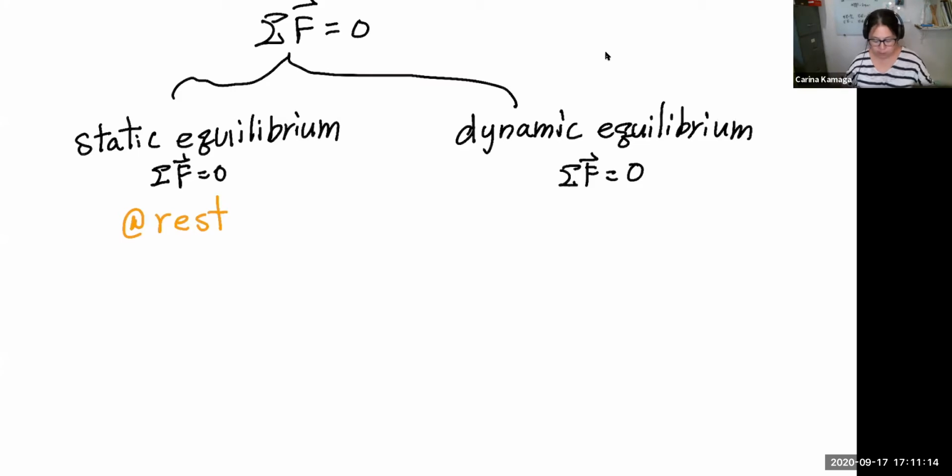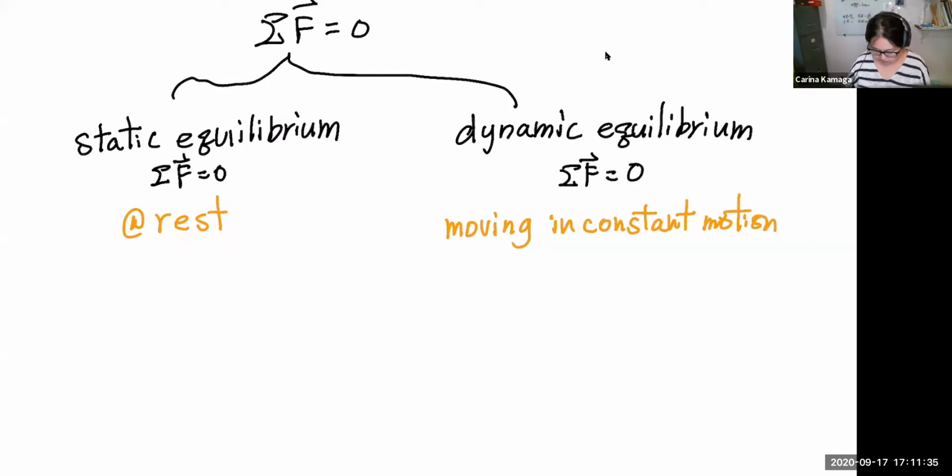When the object is moving steadily in constant motion, that means the same speed, constant speed, no change in speed.